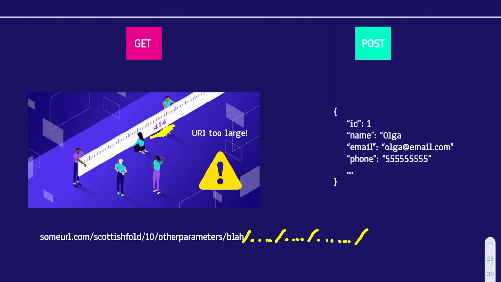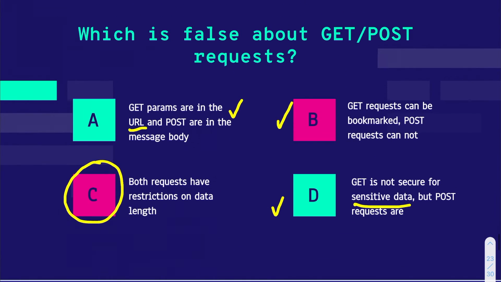This is way too much information for me. I don't want any more. So it won't even give you a response. On the other hand, POST requests, since you just keep building up this body, there isn't really a limit. For all intents and purposes, there isn't a limit like there is with GET requests, which makes POST requests pretty powerful. So yes, correct answer here is C.